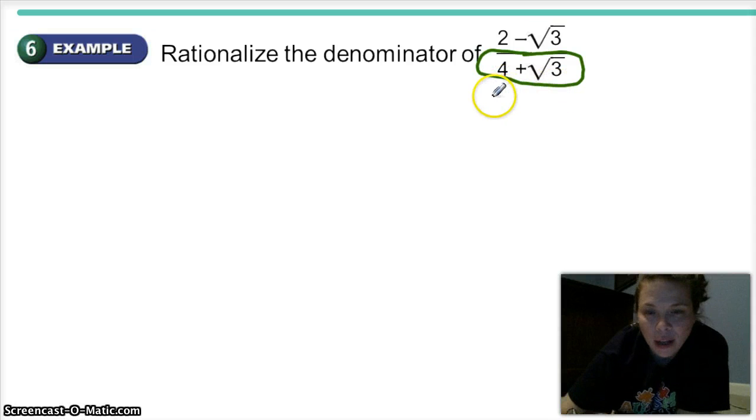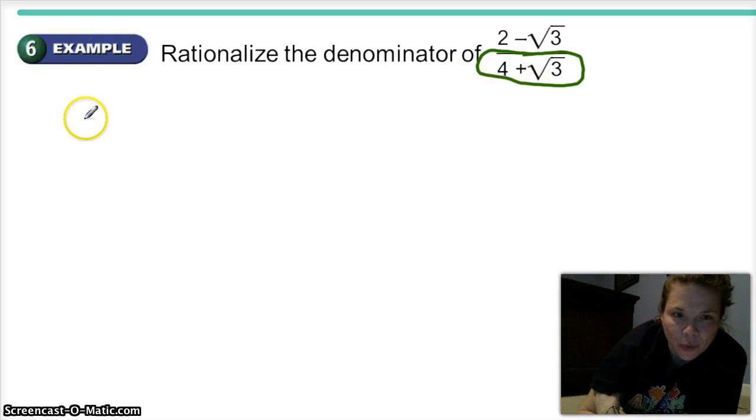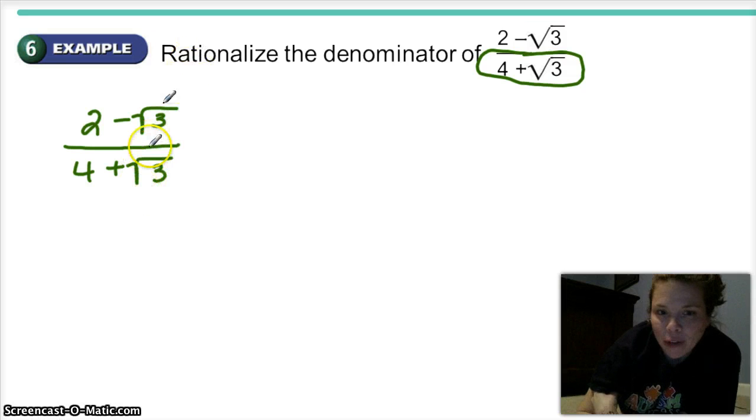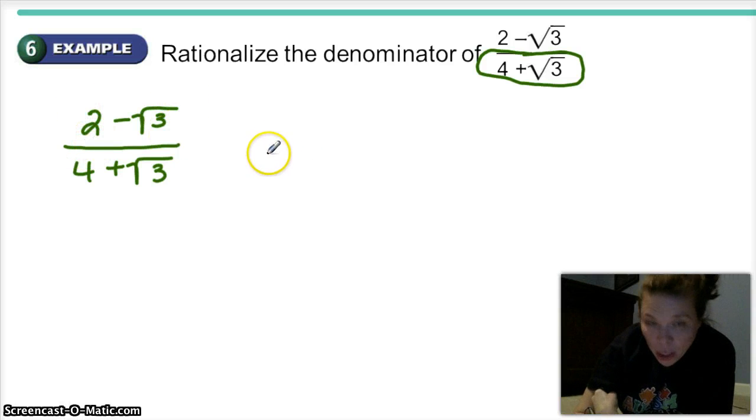We want to multiply this term by the conjugate of the denominator over the conjugate of the denominator. All right, so going over here, give us room. 2 minus root 3 all over 4 plus root 3. These do not simplify or cancel out because these are expressions and they have imaginary parentheses around them. You cannot just cancel those out.